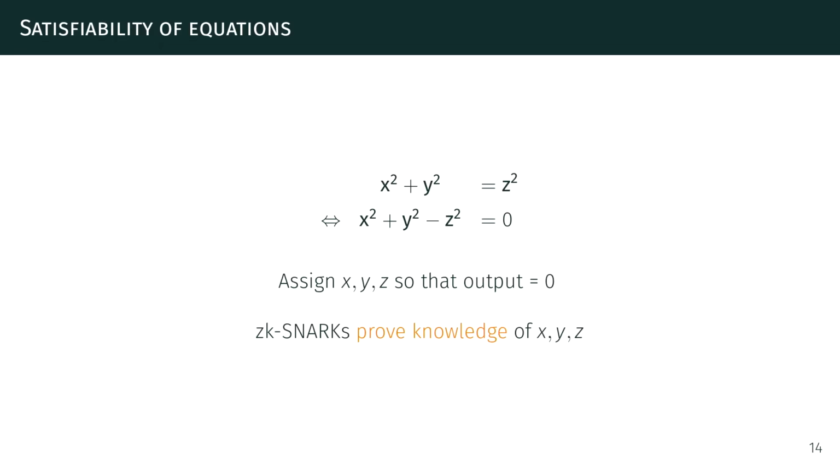And ZK-SNARKs not just allow you to prove satisfiability itself, and that is existence of any assignment that satisfies it, but it allows us to prove knowledge of the actual assignment, right? So our node plaintexts. So this is kind of our game plan.